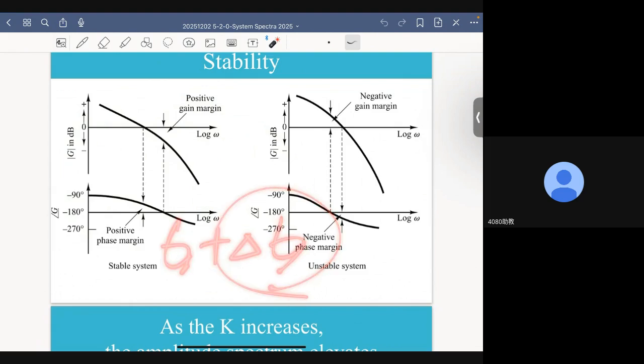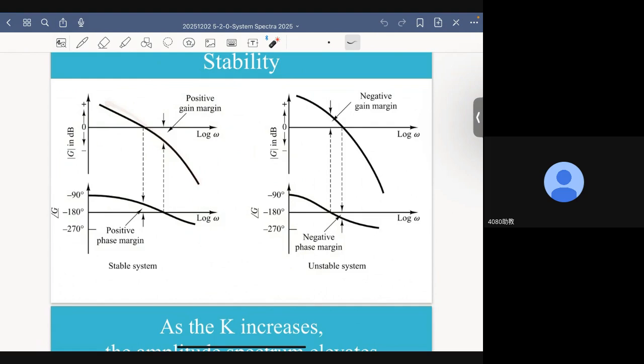So the real Bode diagram, when it comes to the magnitude plot, may not look like this. It may look something like this, or it may look something like this. In any way, it might vary. It might not be the same as this curve, all right? Why?